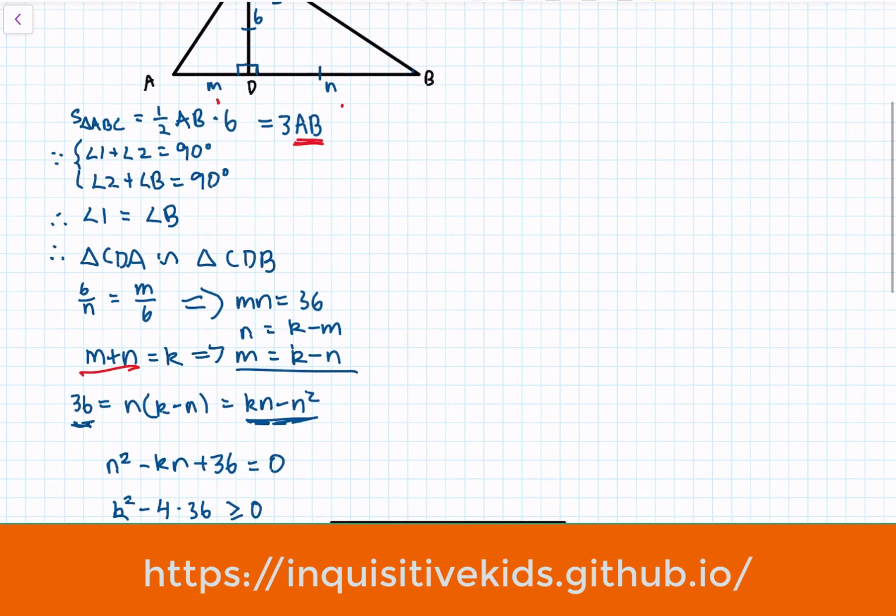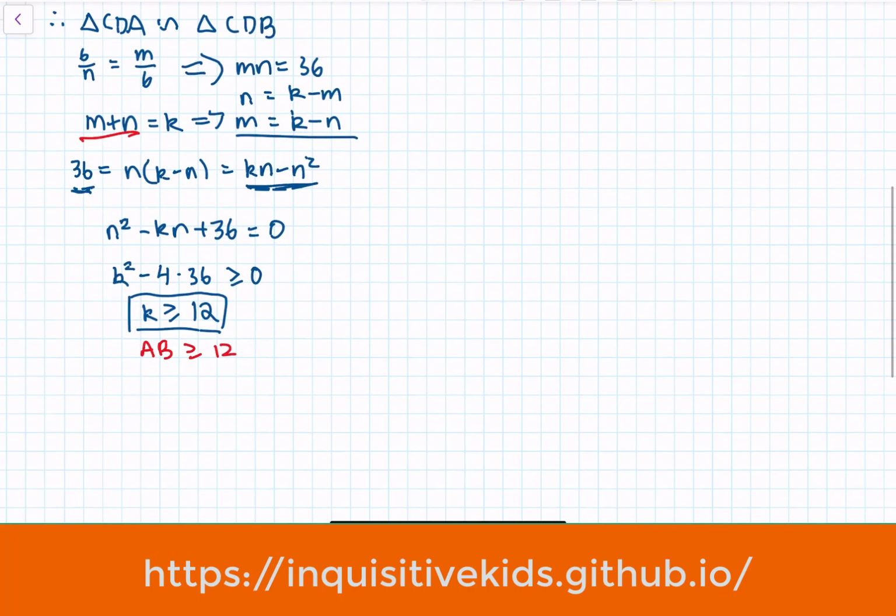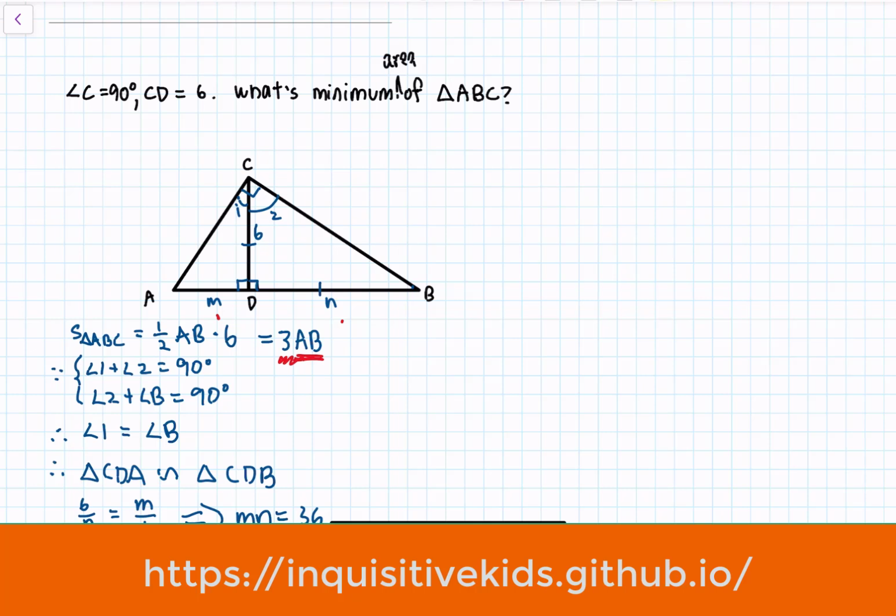So when we're trying to find the value of 3AB, which is the area of the entire triangle, 3AB is greater or equal to 36. We just multiply a 3 on both sides. What this means is that the minimum area of triangle ABC is 36 units squared.